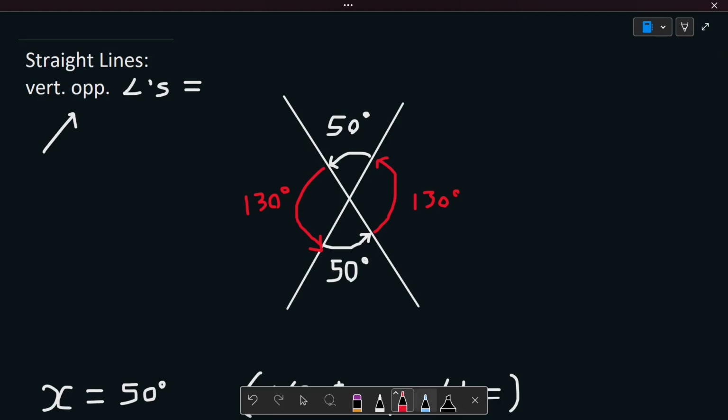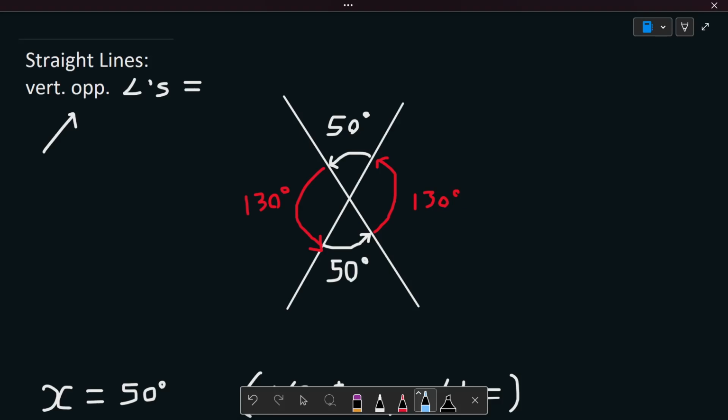What we can see, and this is just something extra, is that this is actually making a full 360 degree rotation, as the arrows indicate. Literally, the angles will meet up with each other along the way after each angle. And if we add everything together, 130 degrees plus 130 degrees gives us 260 degrees, and 50 degrees plus 50 degrees gives us 100 degrees.